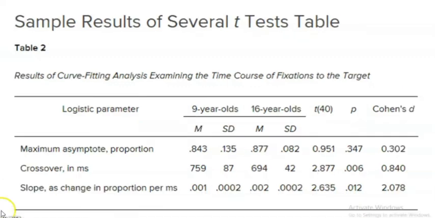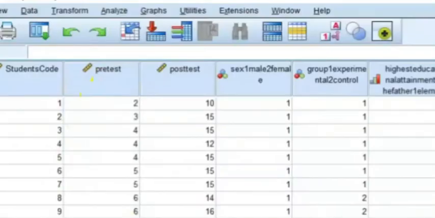You can see in this table that the table number is bold, the table title is italicized, and the first letter of the main words are capitalized. We also have horizontal lines here in the uppermost portion, in the lowermost portion, as well as here. So we don't have vertical lines.